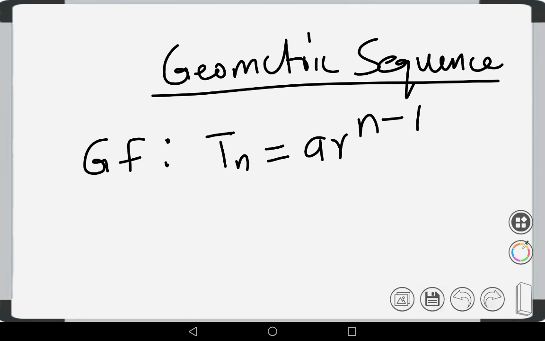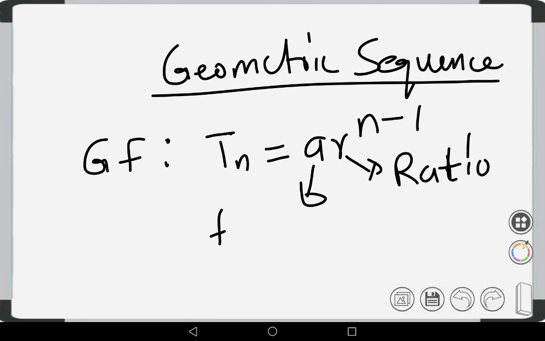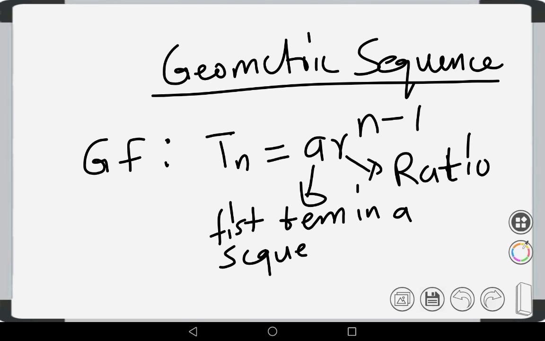This r is our ratio, and the a is the first term in the sequence. So now you know that a is the first term and r is the ratio.